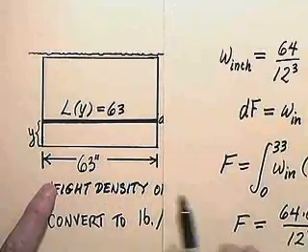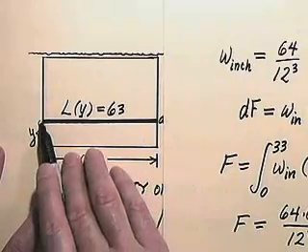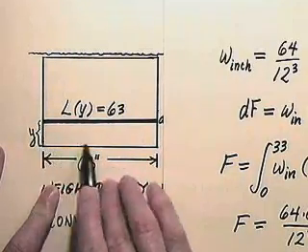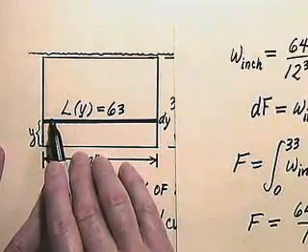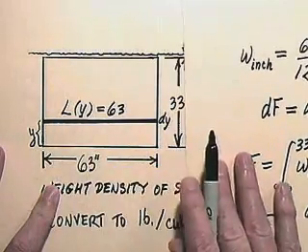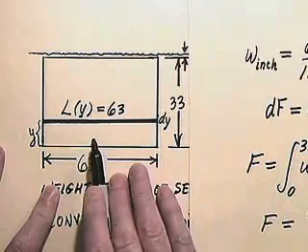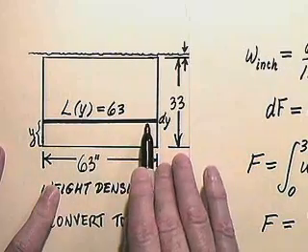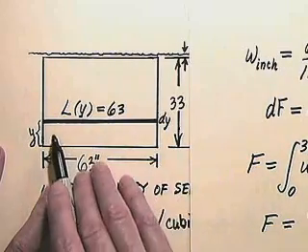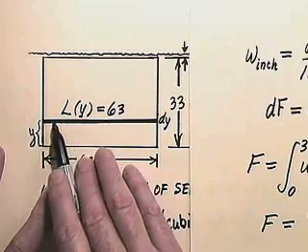Now notice, for a given strip at height y from the bottom of the window, the length across L of y is 63 inches. And so consequently, the length of our strip L of y is constant. But what's the depth of this strip?